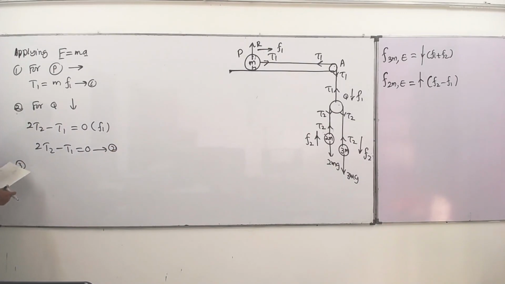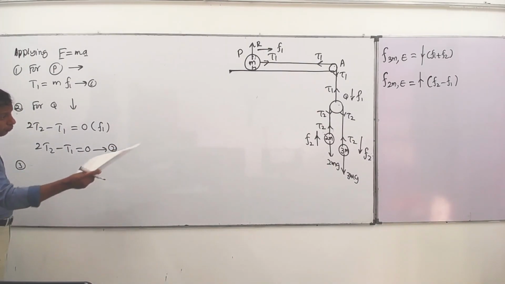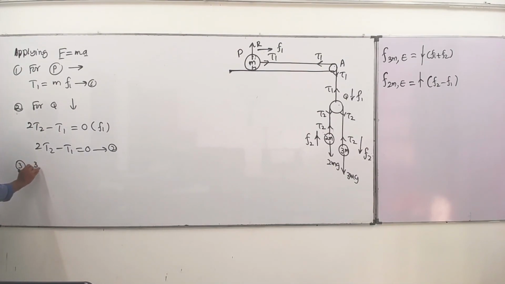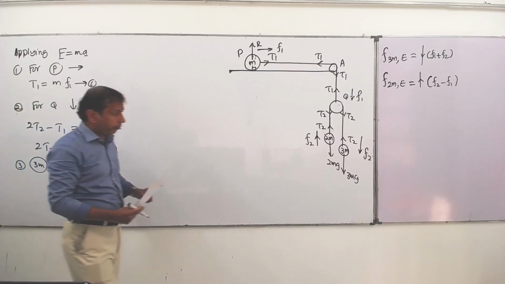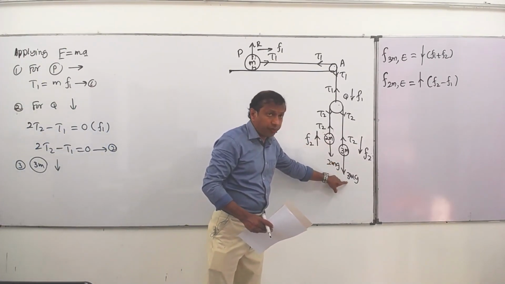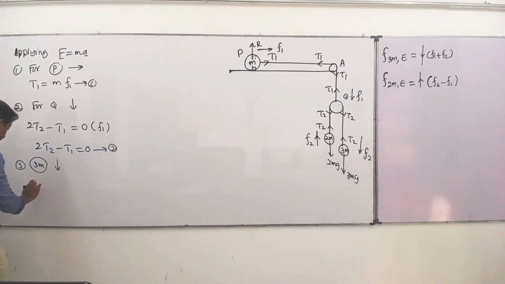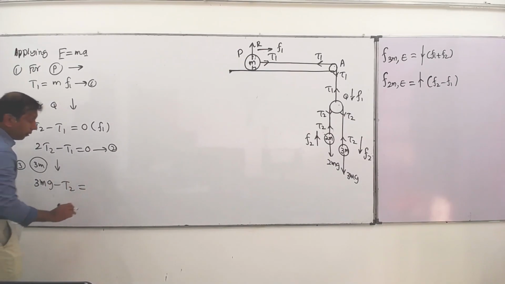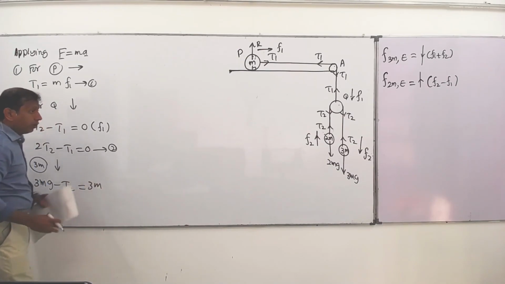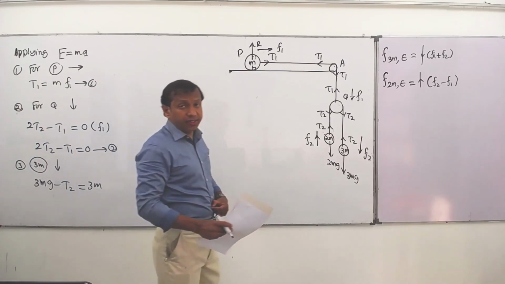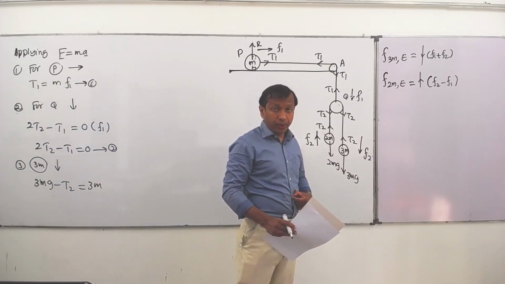Number 3, we can write next for this 3m particle. We apply downward: the force is 3mg, the other direction T2, so 3mg minus T2 equals 3m times acceleration. Remember, in F equals ma, the a is the acceleration relative to earth.